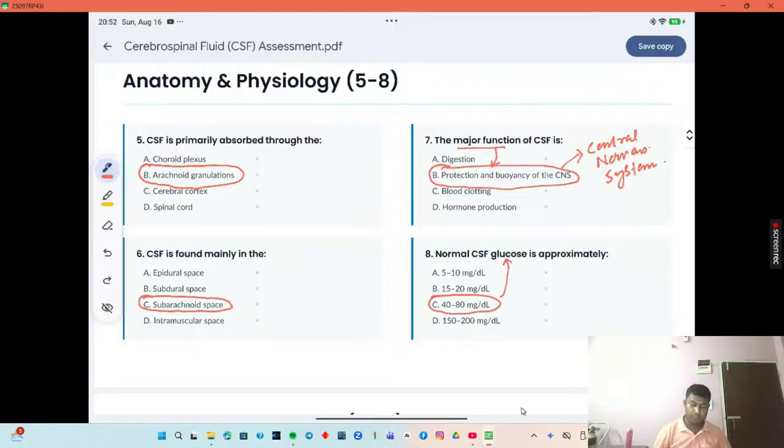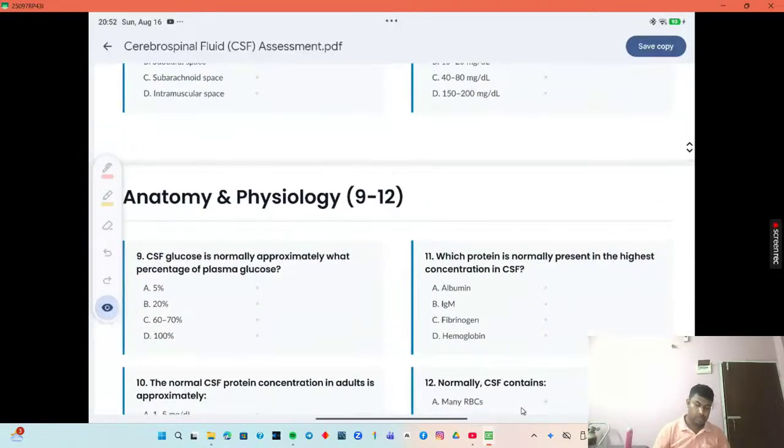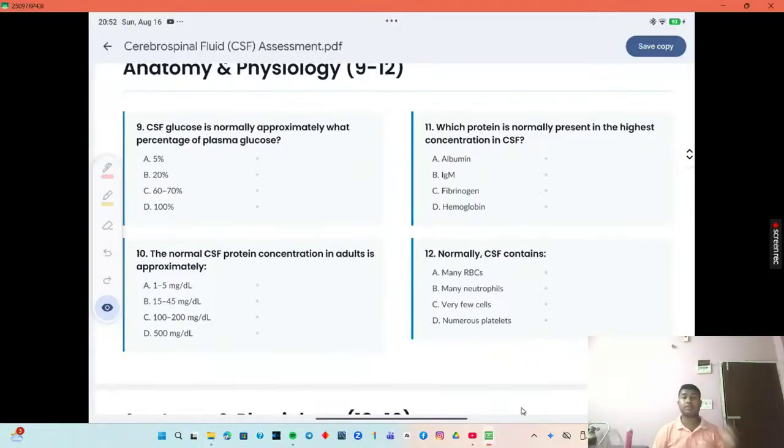So now I will move to the next question. The question is, CSF glucose is normally approximately what percentage of plasma glucose? Can you please answer this question for me?